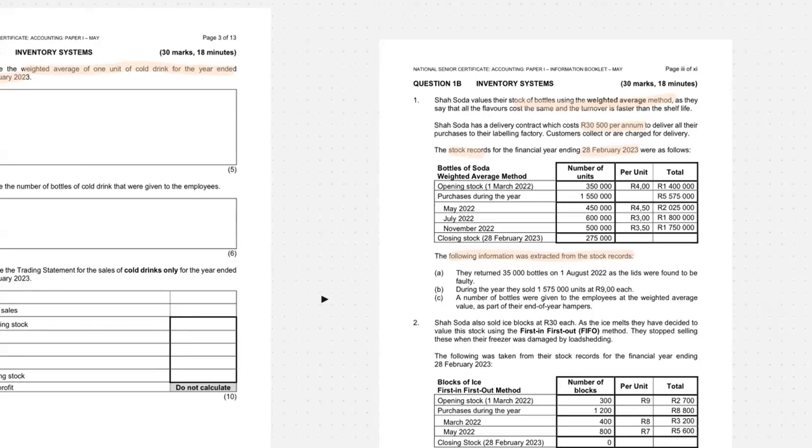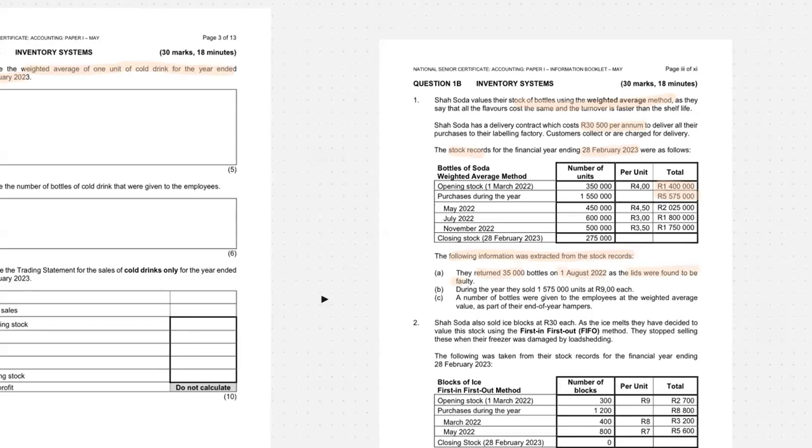So the value of your opening stock plus your purchases. And then in A, they told us they returned 35,000 bottles on the 1st of August 2022 as the lids were found to be faulty. So now these 35 bottles, they returned on the 1st of August. So we need to look at our purchases, where are they coming from?